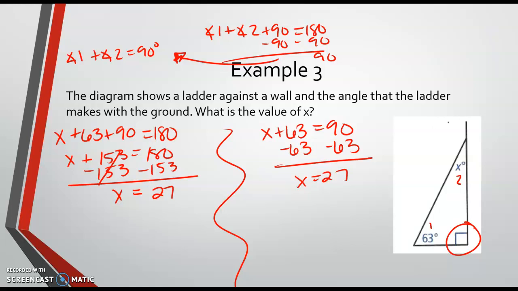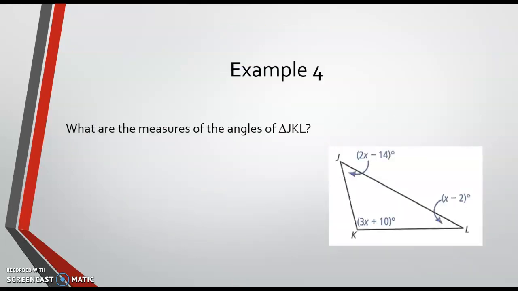I just want you to be careful because the biggest mistake students make is they forget this 90 degrees, and so they would set up x plus 63 equals 180. You need to make sure that if you're setting it equal to 180 that you have 3 angles that you add to 180.